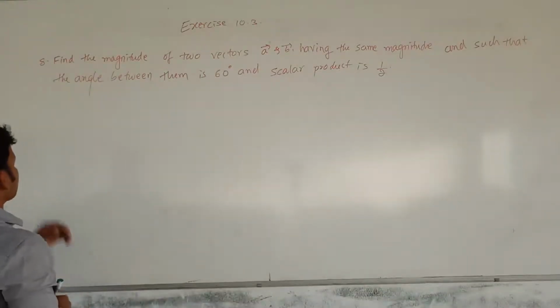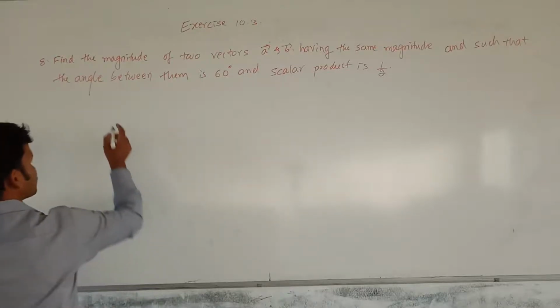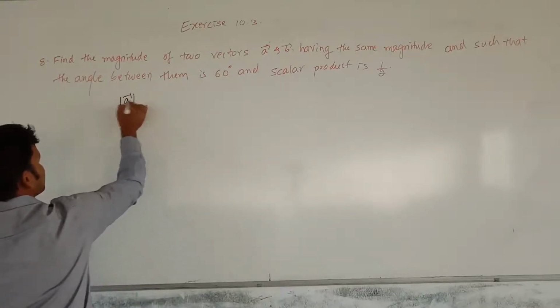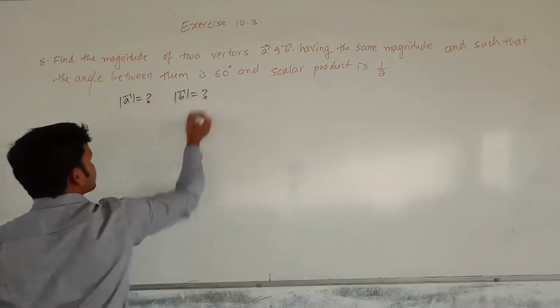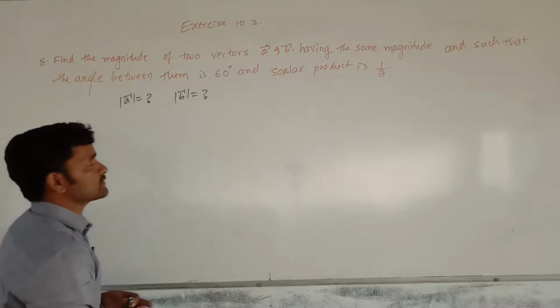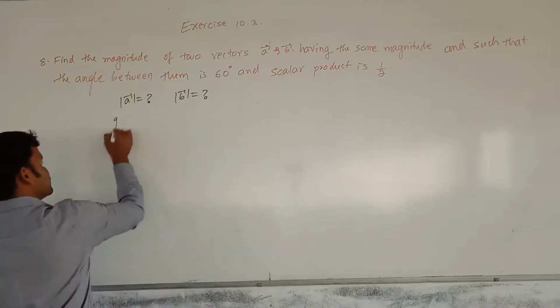Question number 8 we are solving. Find the magnitude of two vectors A and B. Means what I have to find out here? We need to find magnitude of A and magnitude of B. Magnitude of A is equal to question mark and magnitude of B is equal to question mark. Having the same magnitude, that means what?